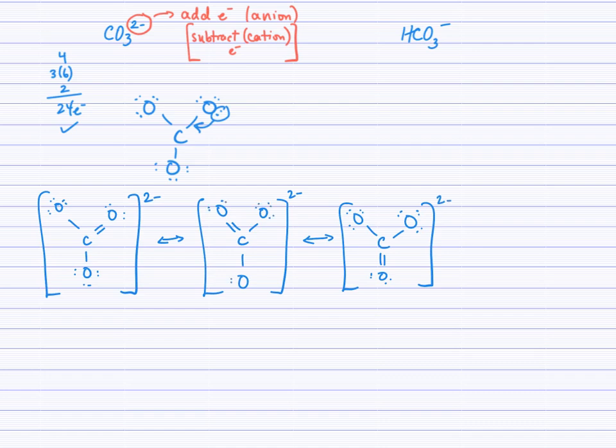And so we don't truly have a carbon-oxygen double bond in this structure. We actually have 3 carbon-oxygen bonds that are all of the same length, and yet we don't have a symbol for that bond that's somewhere between a double and a single bond. So we draw all 3 structures, and we say that the true structure is actually a blend of all 3 of these. You only need to draw 1 structure on a test. You don't need to represent all resonance structures.